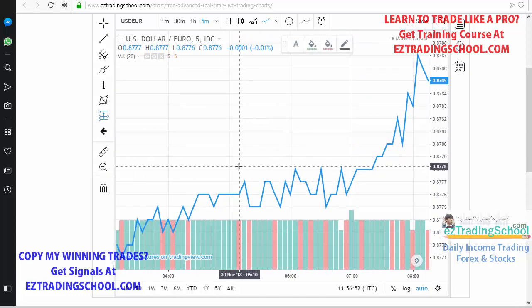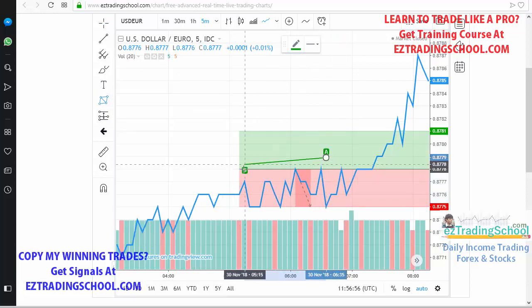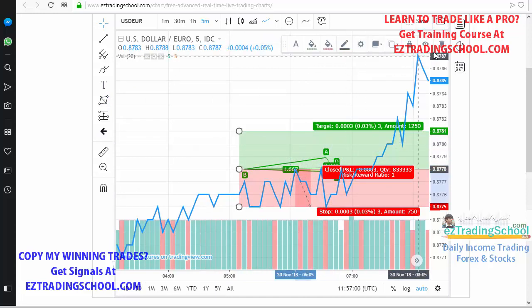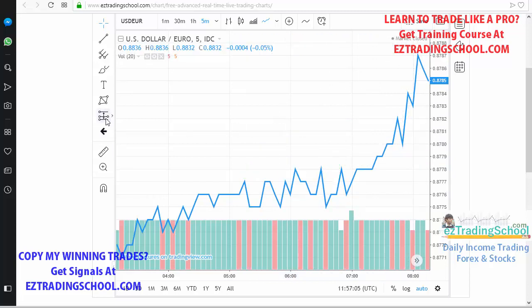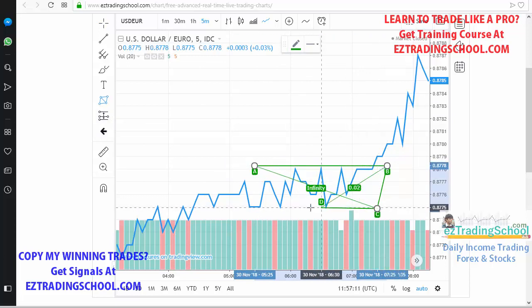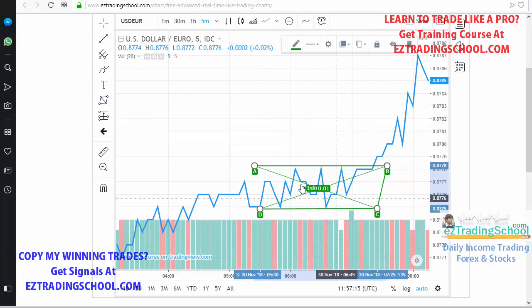So I see kind of support and resistance over here. Okay, I have to delete this. Delete, and then delete this. So if I was to draw a support resistance line here, I draw it here like this, and I can see that there was a support resistance happening and it broke out in the upward trend.